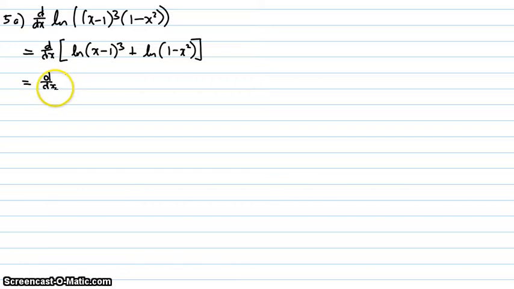This is the same thing as differentiating 3 ln (x − 1) plus, this is the same as ln (x + 1)(x − 1). Sorry, not x − 1, 1 − x.